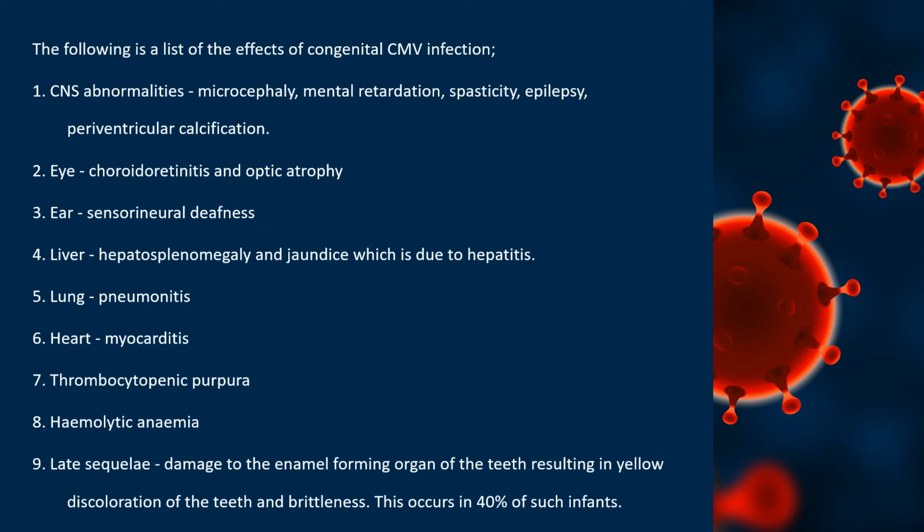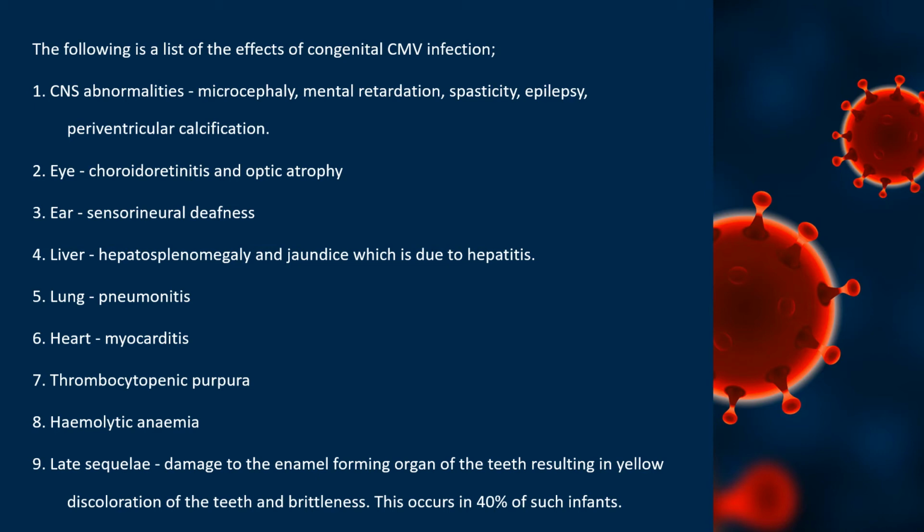Also, it causes ear infections like sensorineural deafness, and it also causes infections in the liver, leading to hepatosplenomegaly and jaundice, which is due to hepatitis. Hepatosplenomegaly means enlargement of the liver and spleen. Then jaundice means infection or destruction of the liver cells, mainly due to hepatitis.